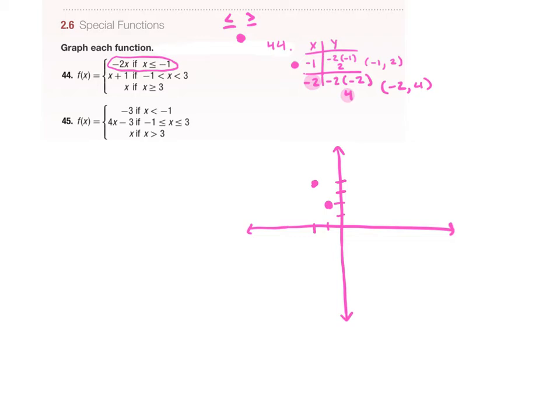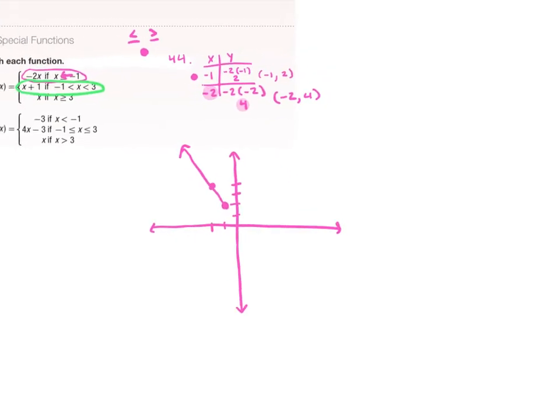Which direction is our arrow going to go? Left. So we always point it in the direction that our inequality sign is. So we point it to the left. So that's our first piece. Done. 1/3 of the way. Now we move on to our second piece. What are we going to plug in for our second piece?